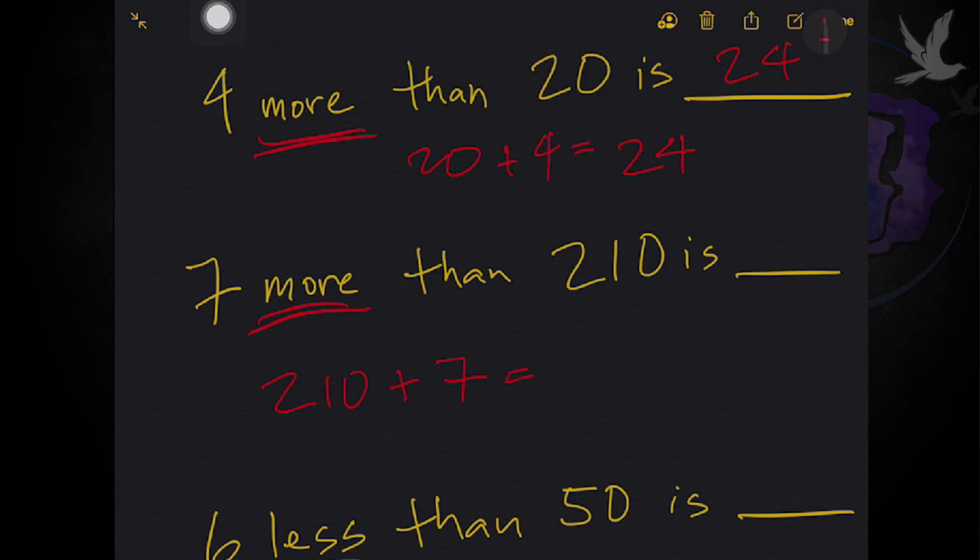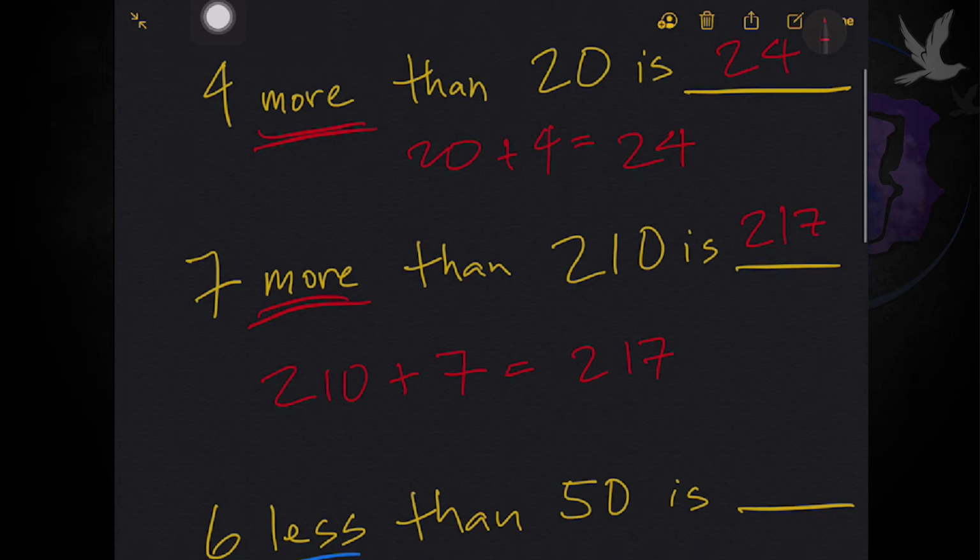So counting 210 and add 7, skip count: 211, 212, 213, 214, 215, 216, 217. So our final answer here is 217.